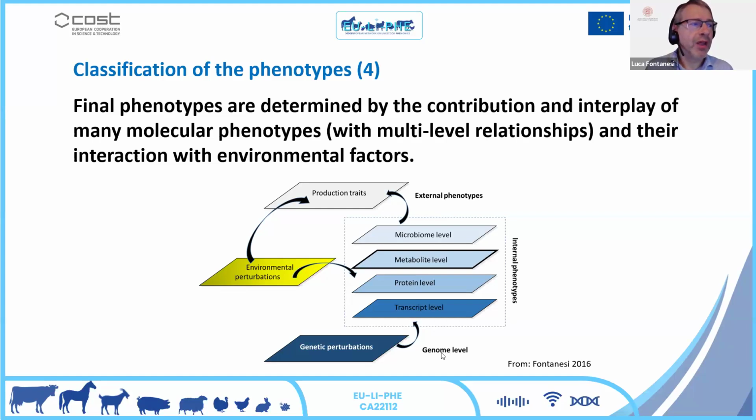We have a genetic perturbation, genome level with diversity. We then can collect information from many molecular phenotypes, internal phenotypes, and they construct external phenotypes. But of course, there are environmental perturbations that modify and interplay between these levels.